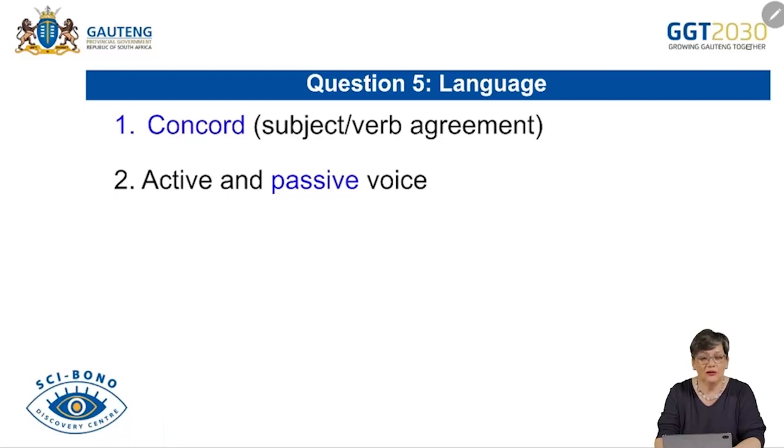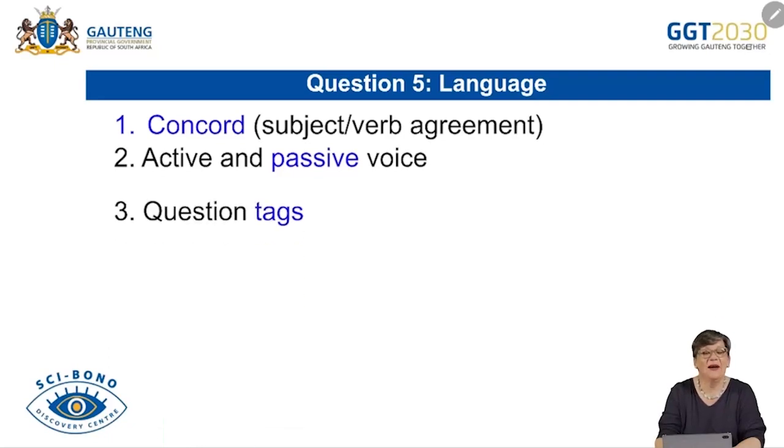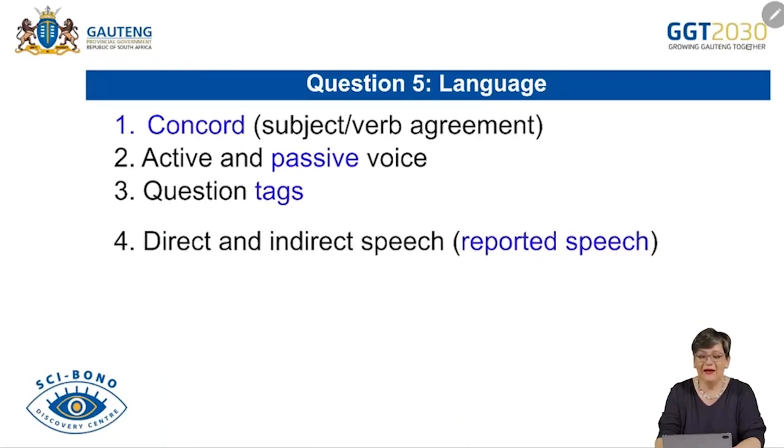Concord. Remember, that's your subject and your verb that's in agreement. In other words, if your subject is, for instance, singular, then your verb has to be singular. Active and passive voice. Question tags are our favorite. Then reported speech.